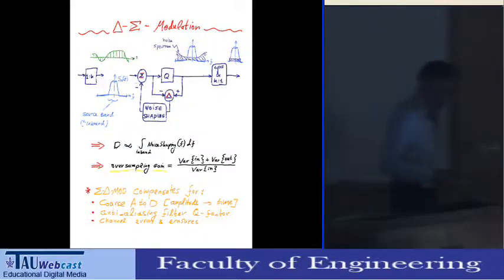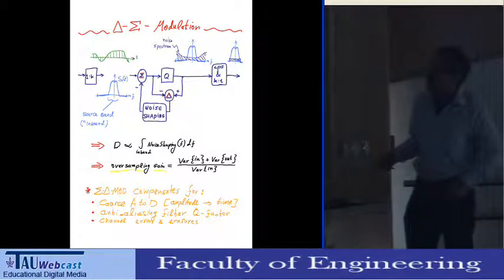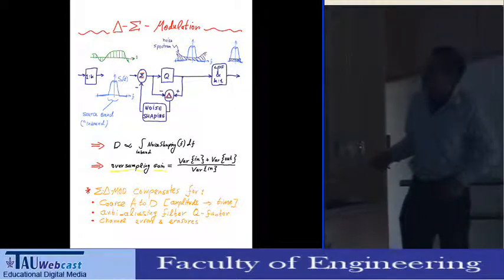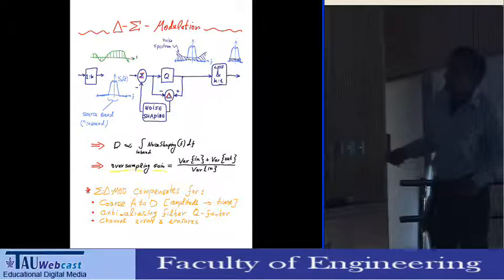And here we see in the spectral domain what happens. The source is upsampled by some factor, and then the source occupies only a small portion of the spectrum. And then we are doing this delta sigma. And I'm putting here some general noise shaping filter, not necessarily what I showed before.